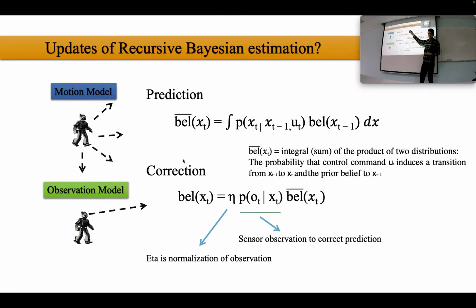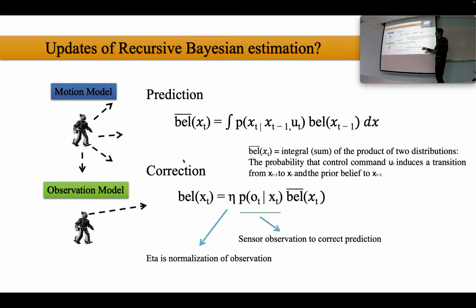In the motion model, the robot runs one motion and we want to predict, so estimate, that motion. At the beginning we saw how we can do that. The belief is the integral or sum of the products of two distributions: the first is the probability that the control commands give, and the second is the transition from x_t minus 1 to x_t that we wanted to calculate.